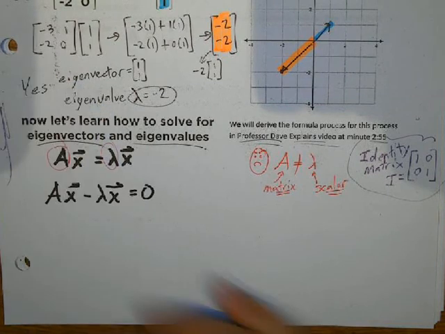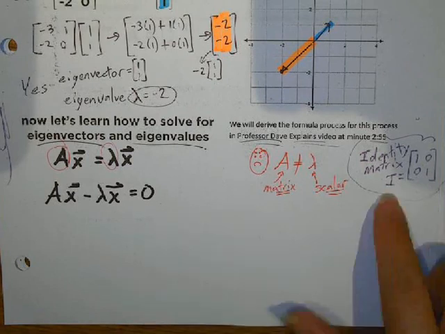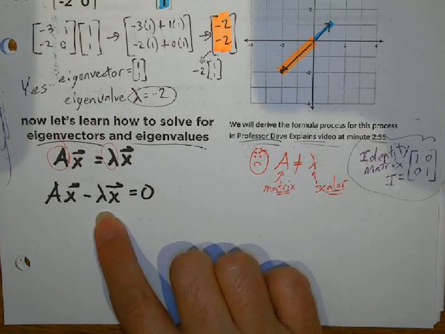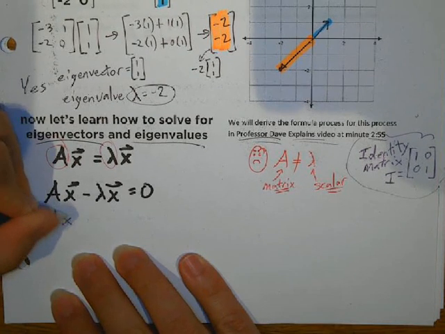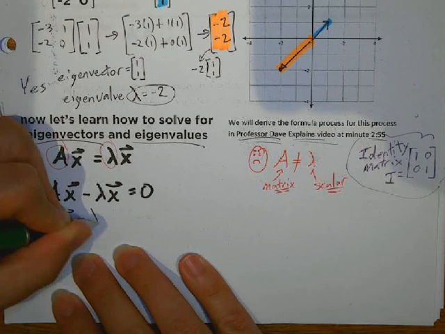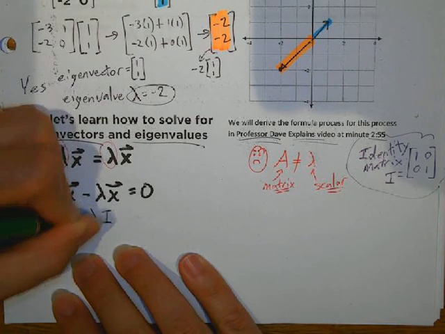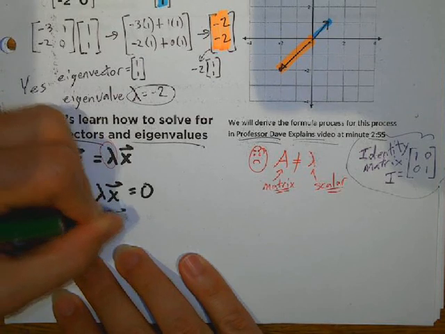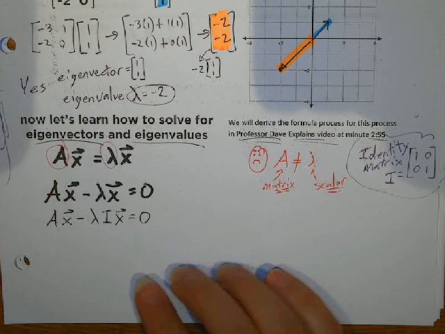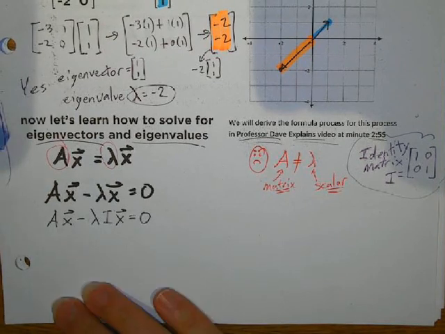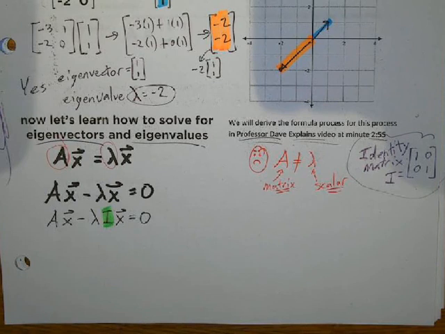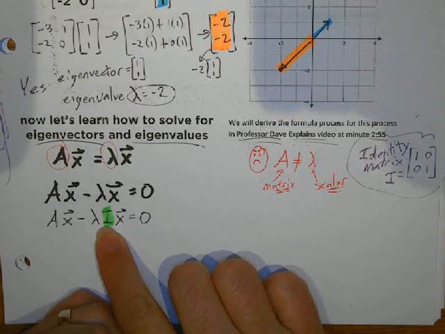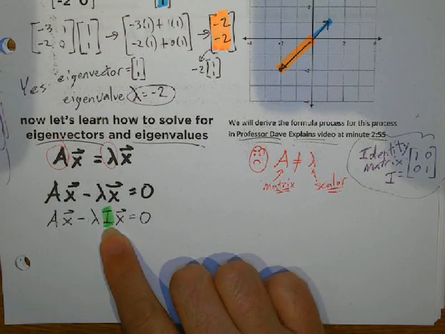I can subtract that on both sides, and then I'm going to insert the identity matrix here, and the reason I can do that is the identity matrix times a vector is just going to be the vector itself.